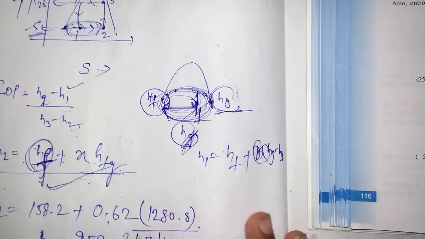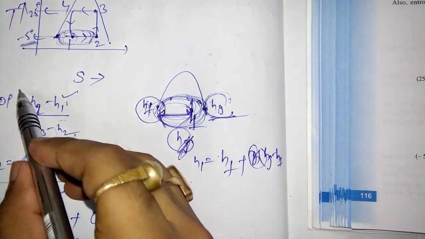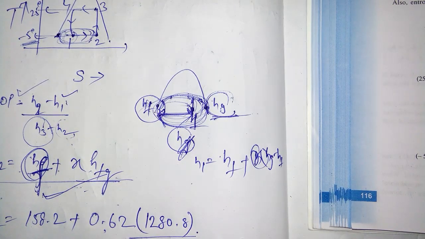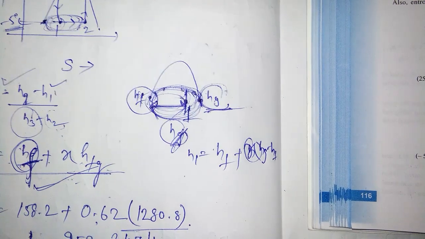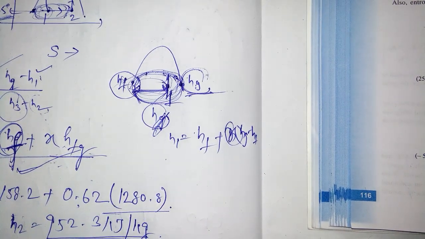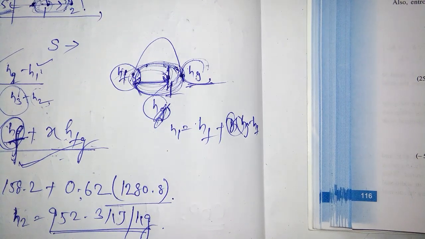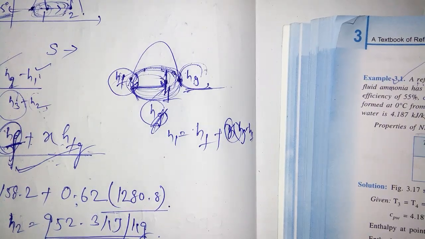So for COP, I know H1 now, I know H2, I only require to know H3. So how will we find H3? Try to understand.